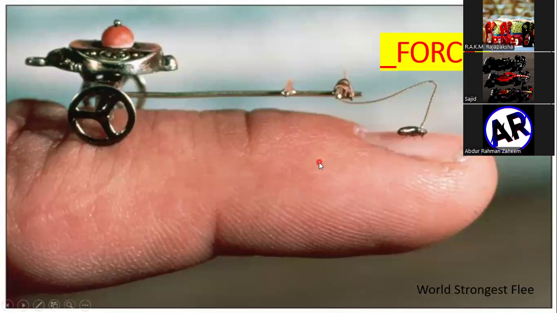So today we'll cover the force lesson, and as you can see in this image, this is a simple demonstration why the force is important. The title of this picture is the world's strongest flea, right?